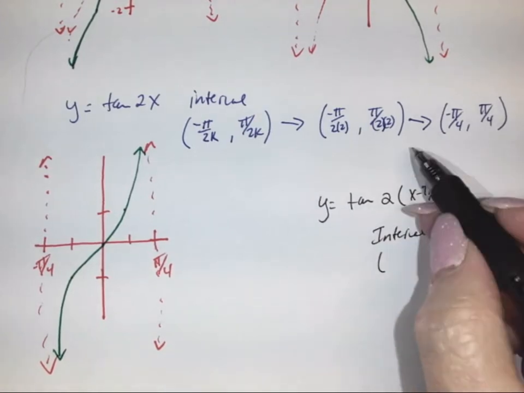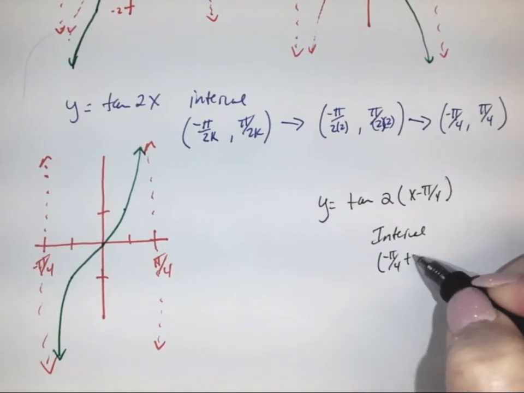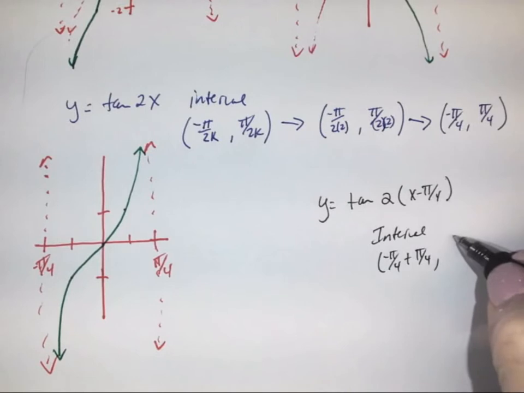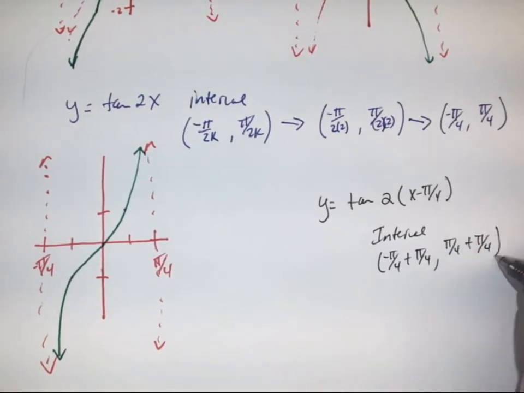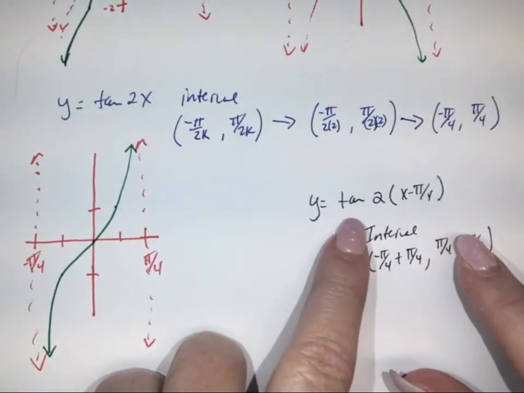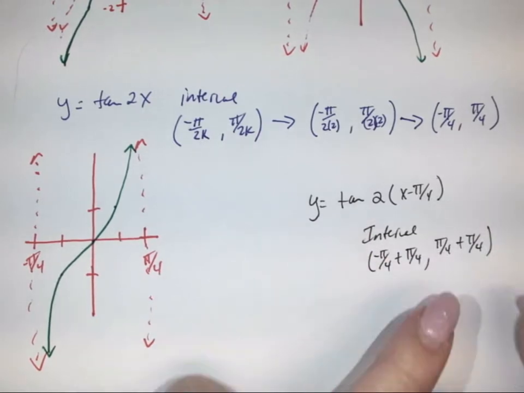So we already knew that it was at negative pi over 4, and we're going to add our pi over 4 of our b, and then pi over 4 plus pi over 4. So we're taking this interval that we found for the actual graph of the tangent of 2x, and now we're adding the shift in there.